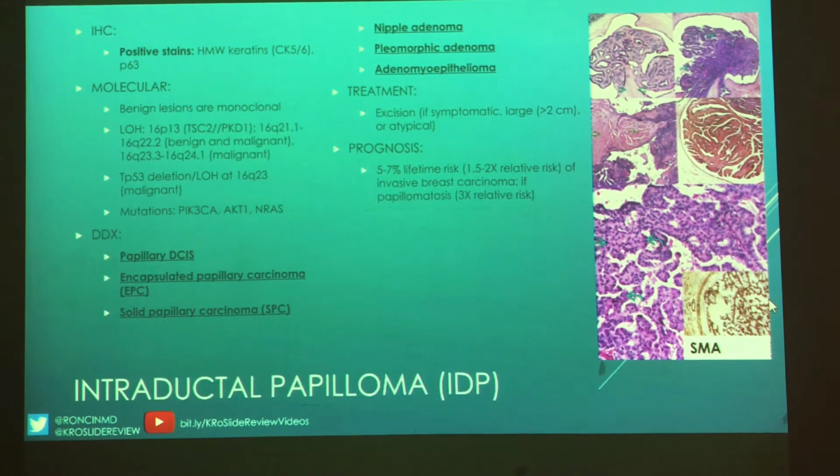If we see anything that looks like atypia, we'll take them out. But generally I would say most of these end up getting excised, so then you can do a full examination of the case. Okay?